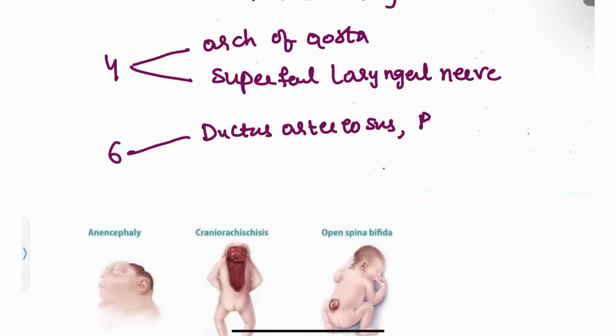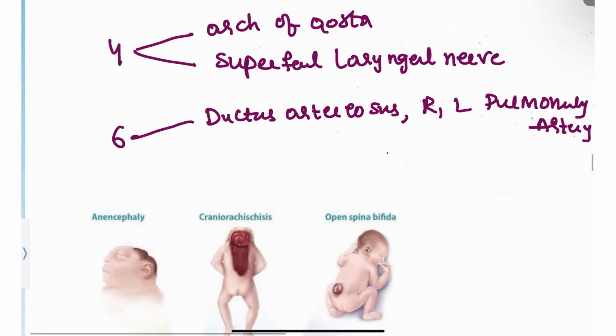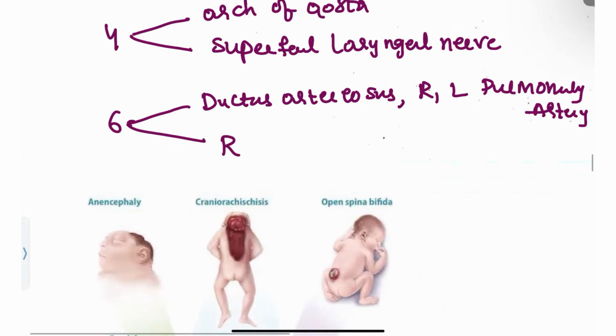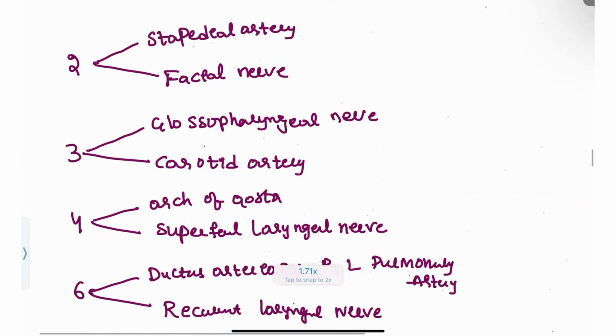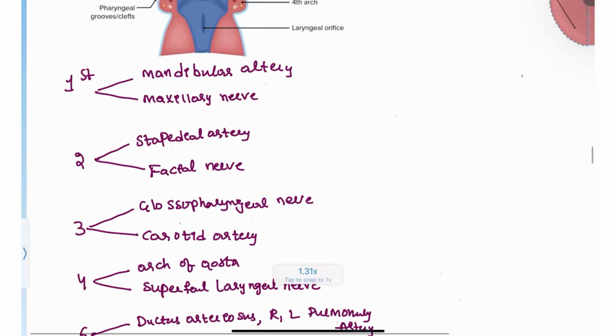And the right and left pulmonary arteries will be present here, especially the arteries passing here. And the nerve will be the recurrent laryngeal nerve. These are the important structures, arteries and nerves, for the pharyngeal arches.